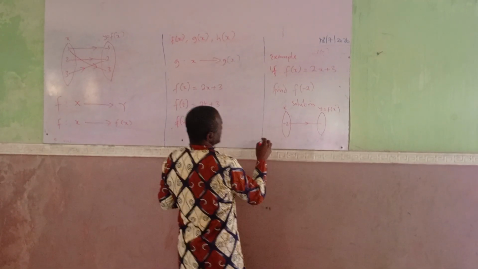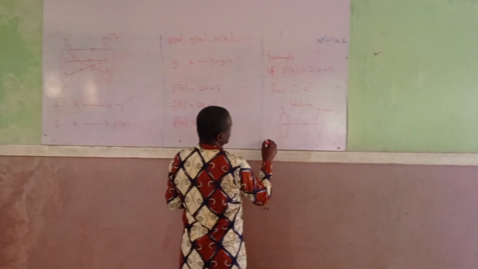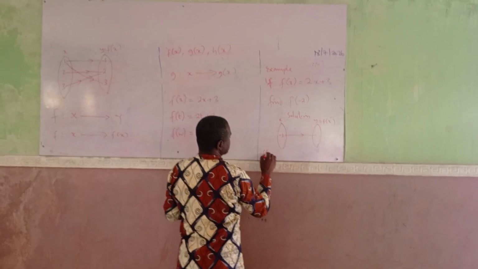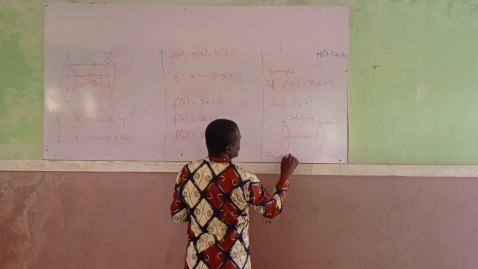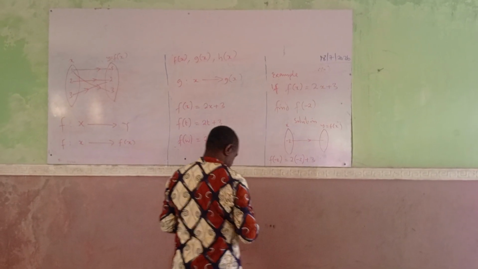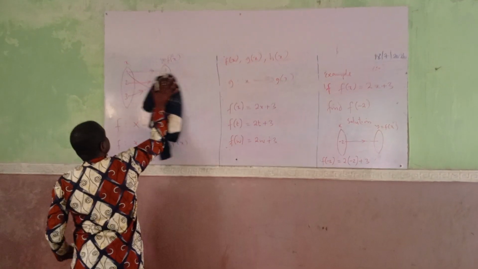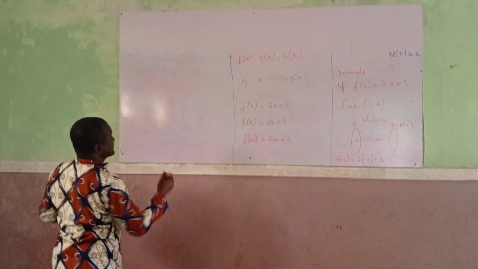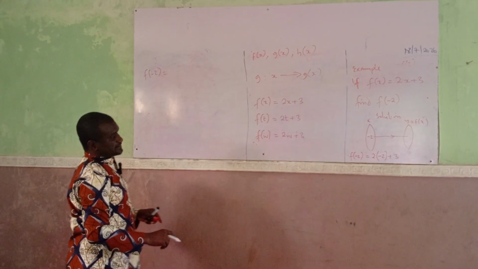So take note, if we are doing it like that, we are going to substitute x as minus 2 in this expression. So we are going to write 2 open bracket minus 2 plus 3. Then we simplify it. Let's say f of minus 2, we simplify the right hand side.